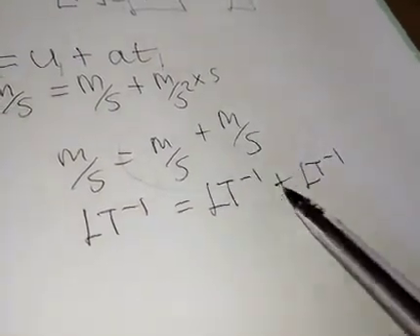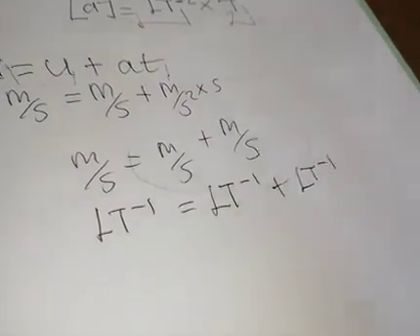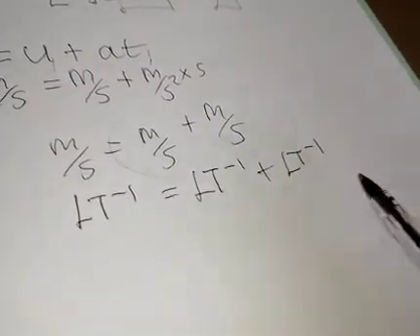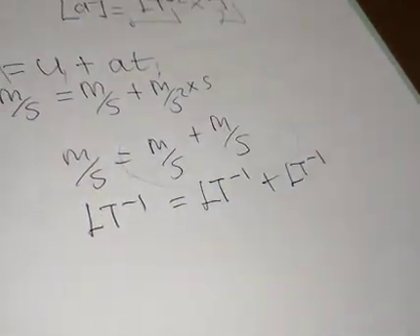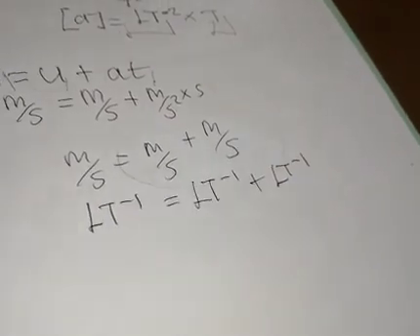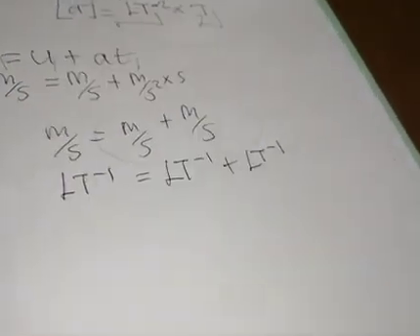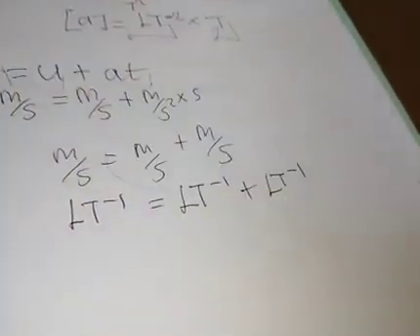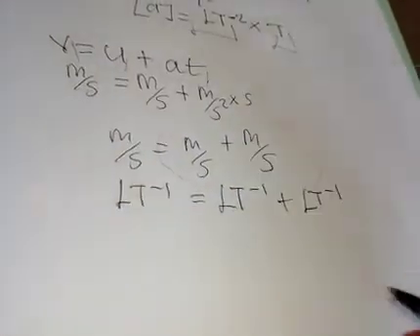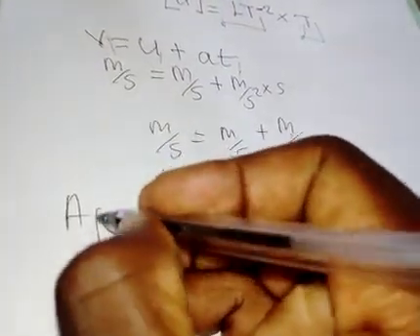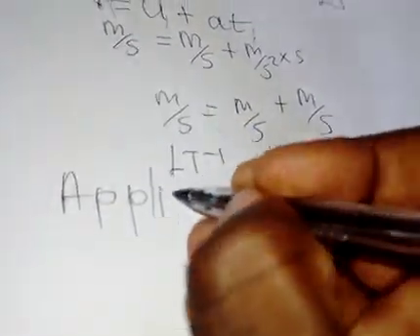As long as they are being added like that, you know that when you simplify them using dimensions, they should be the same. So you see how to apply this when solving questions. I hope you have taken note of the two principles of homogeneity of dimensions.